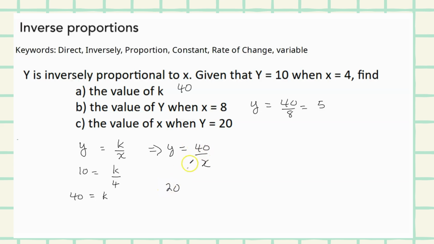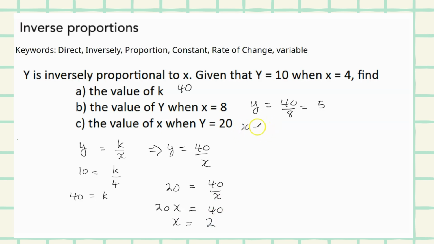We're using this equation, and we have 40 over x. Let us multiply both sides by x. So it means that we would have 20 times x, or 20x is equal to 40. So it means that we can divide both sides by 20. So x equals 2.